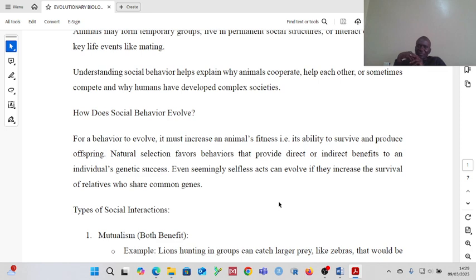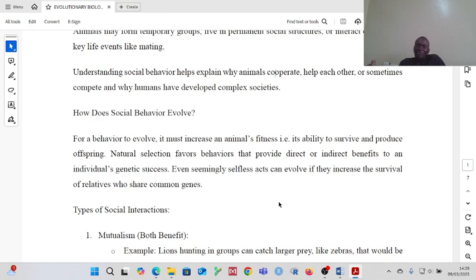So, some acts which might appear to be very selfless, okay? Things that are extremely selfless might evolve only if they increase the survival of relatives who share common genes. So in that case, that act is evolving.